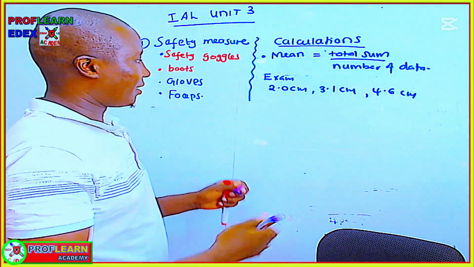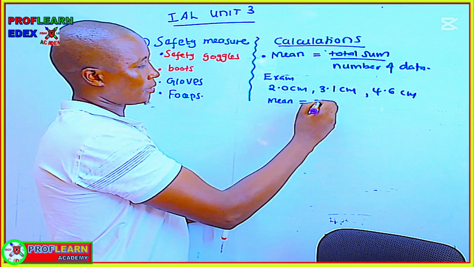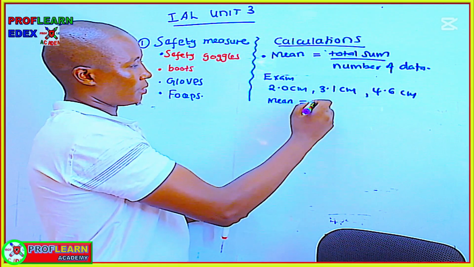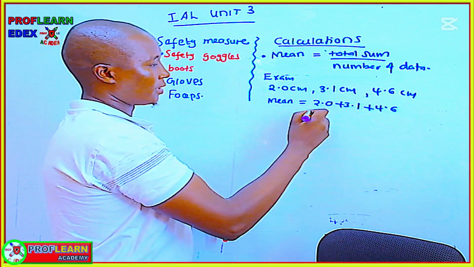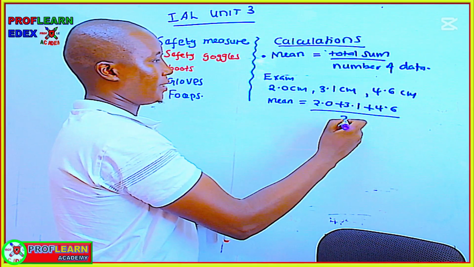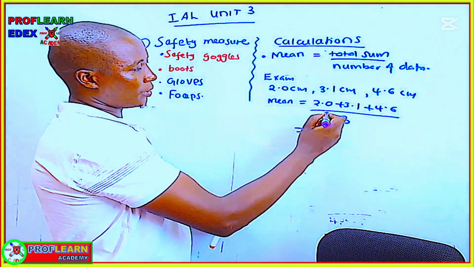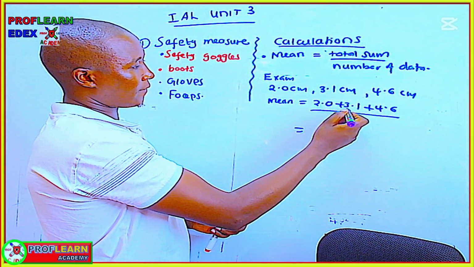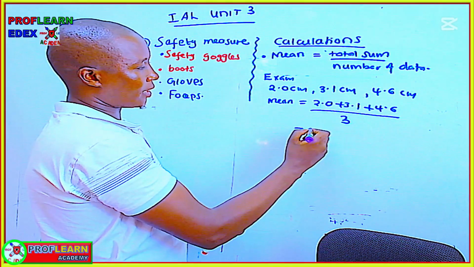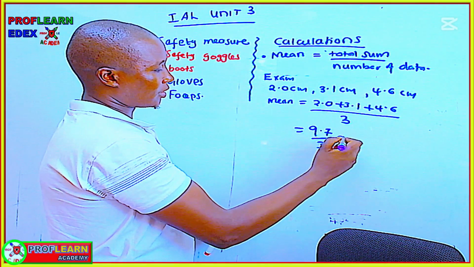To work out the mean, you say mean is going to be 2.0 plus 3.1 plus 4.6 divided by how many there are. They are 3. If you add all this, 2.0 plus 3.1 is 5.1, add 4.6, that is 9.7, over 3 centimeters.